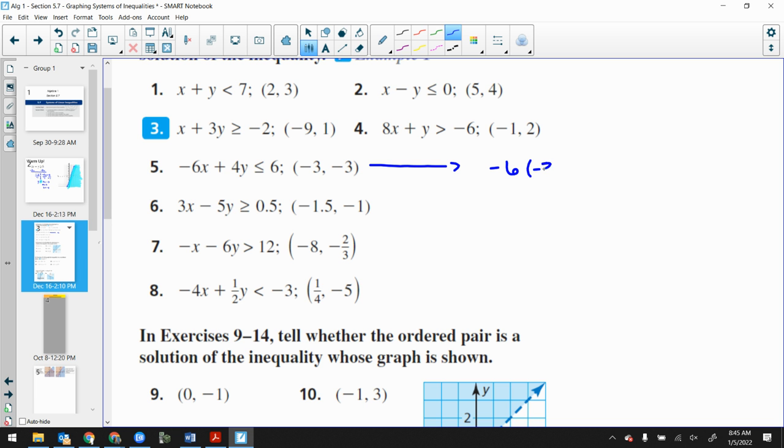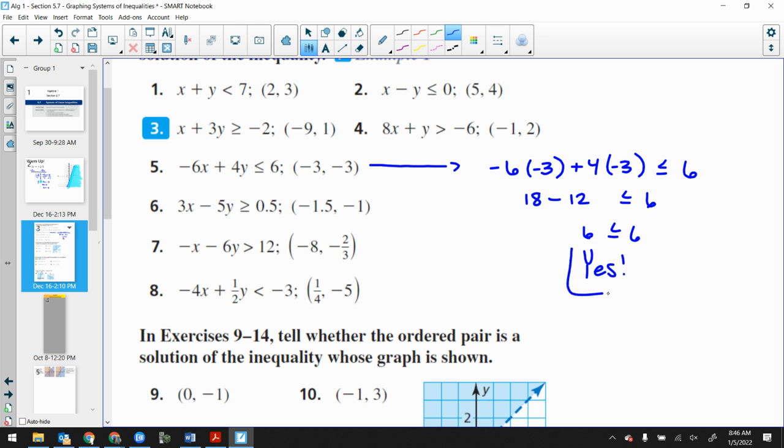Negative 6 times negative 3 plus 4 times negative 3 less than or equal to 6. Negative 6 times negative 3 is a positive 18. Negative 3 times 4 is a minus 12, which that is 6. Now, is that a true statement? Yes, because there is an or equal to there. So yes, this is a true statement. So we say yes, it is a solution.